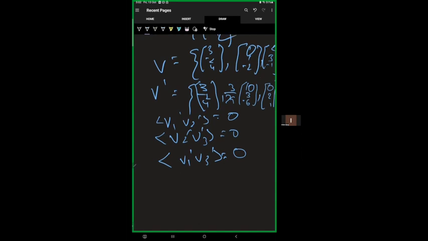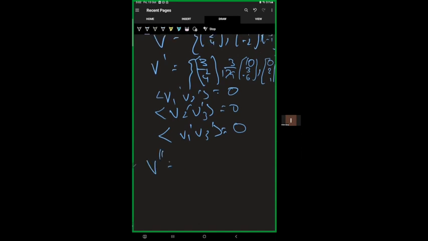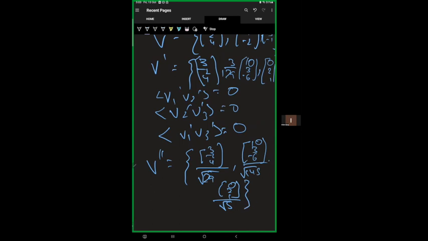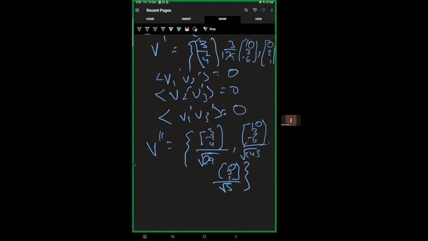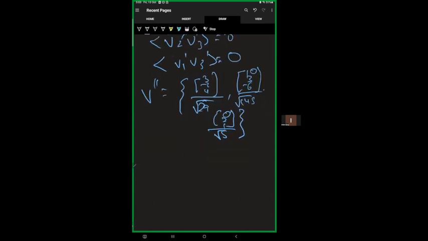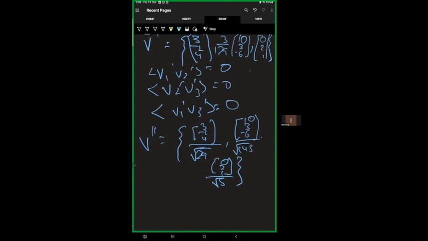Further, we also obtain the orthonormal set of vectors by dividing each of these by their respective norms: (3, -2, 4) upon root 29, (10, 3, -6) upon root 145, and (0, 2, 1) upon root 5. We can verify that these are orthogonal since they are obtained by just dividing by a scalar multiple.